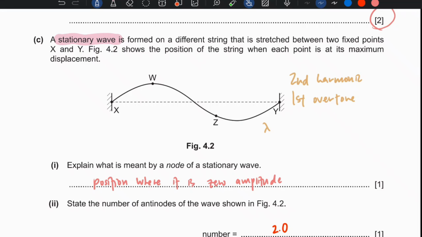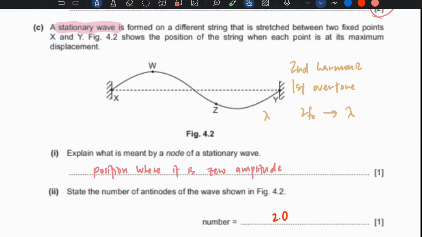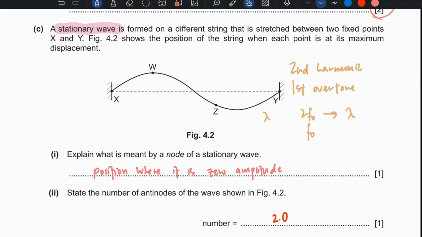So ideally, if this is the second harmonic, that means your frequency is 2f0, 2 times the fundamental frequency. If 2f0 gives you lambda, one complete wavelength, now they say it is half the frequency. They want it to be half. So half the frequency goes back to the fundamental frequency, which is the first harmonic.